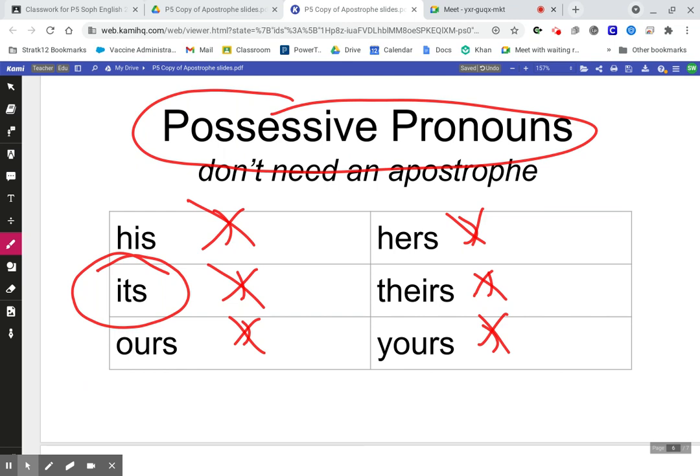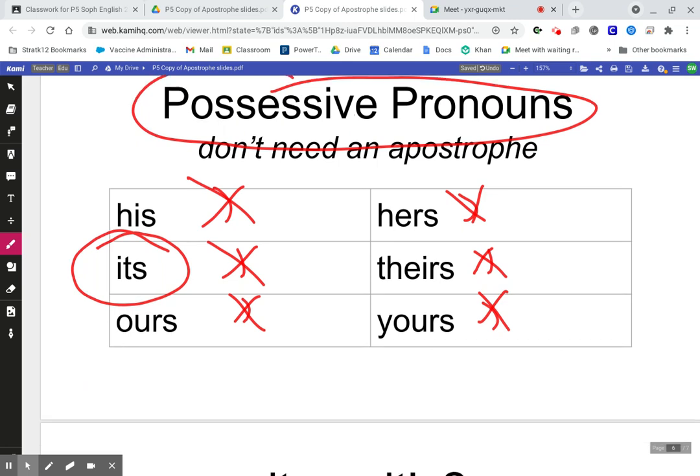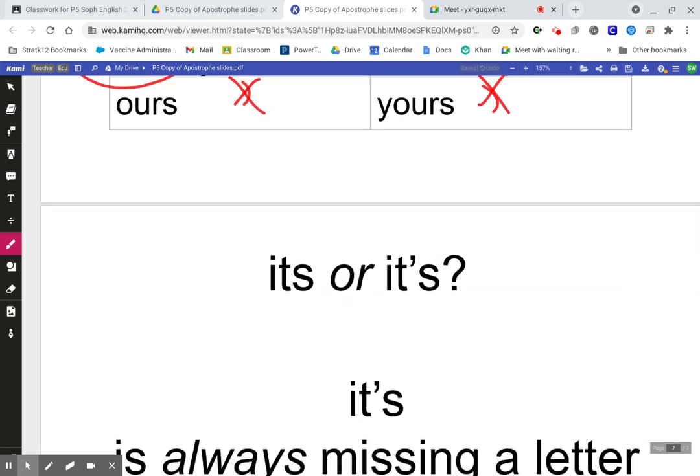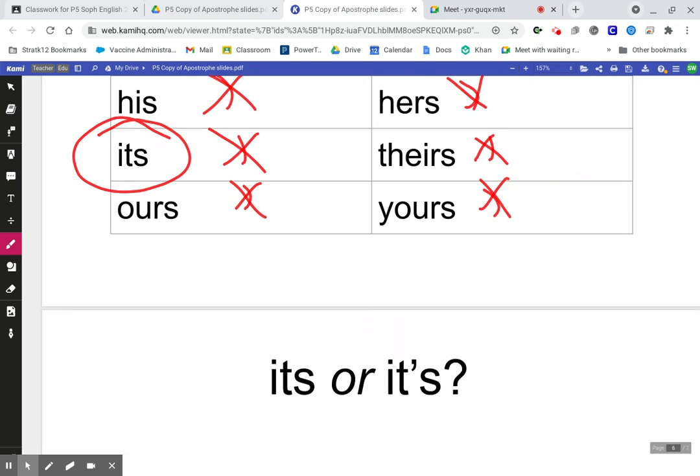No, it's a possessive pronoun. So when is it its without apostrophe, and when is it it's with an apostrophe? Notice, its without an apostrophe is already possessive.